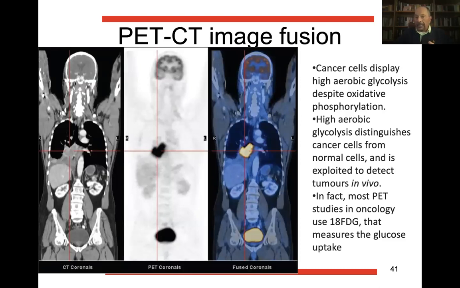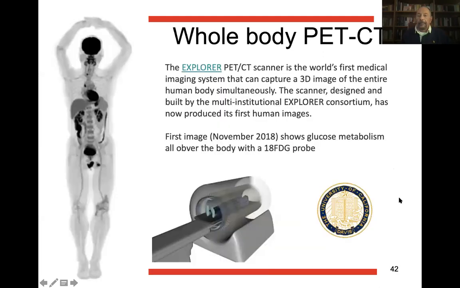Because, as I told you many times, cancer cells use a lot of sugar, using aerobic glycolysis, so using 18-FDG, you can easily find tumors, and that's a nice example here. You see a very clear image here. Forget about the bladder here. Just look at the tumor. Here you see clearly where the tumor is, overlaid with the anatomical description. It's a lung tumor.